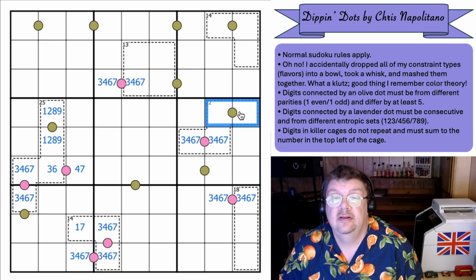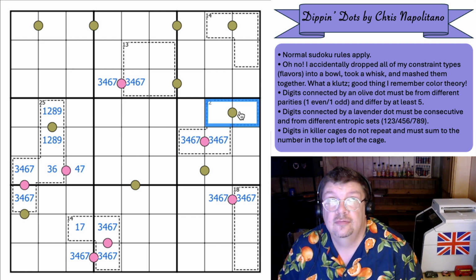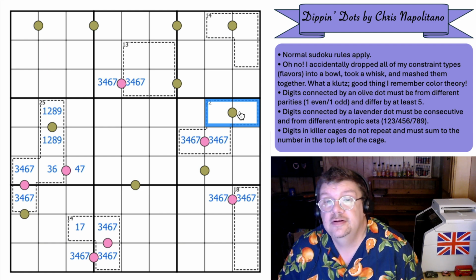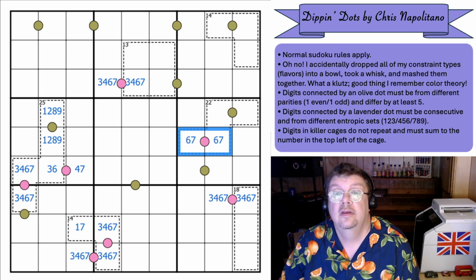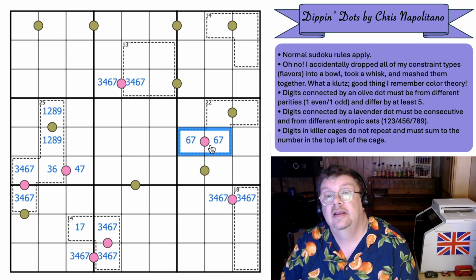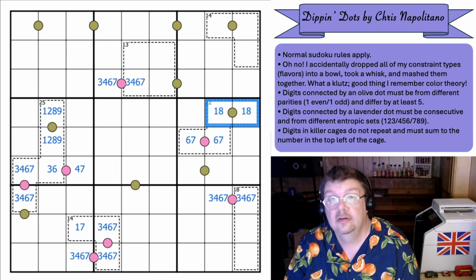That needs 15 there, but I can't do 15 across an olive dot because 9 plus 4 is the largest I can do, which is 13. So it's not 3, 4. That is now 6, 7, and that is 13. That leaves 9 to go here without a 6 or a 7. So I can't use a 9, 0, so it's got to be 1, 8.